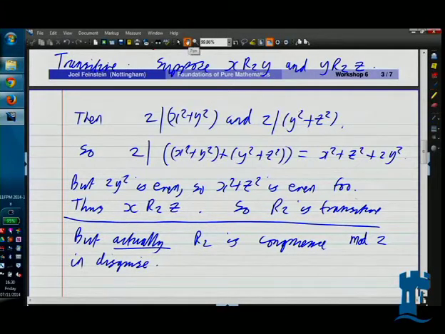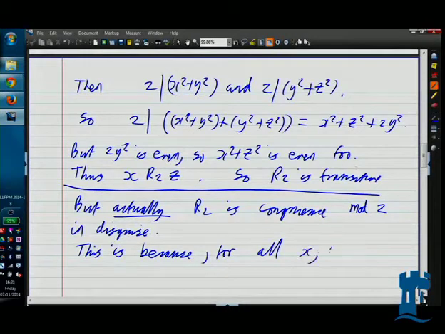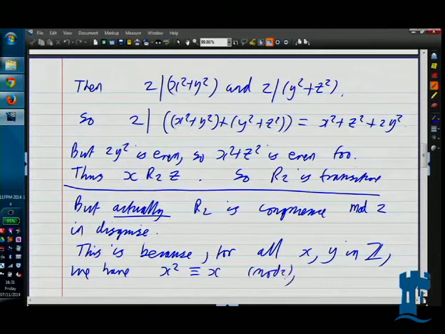The reason for that is, for all x and y in Z, x squared is actually the same as x mod 2. You can check. y squared is, of course, the same as y mod 2. But that's also the same as minus y mod 2. Mod 2 is very nice.